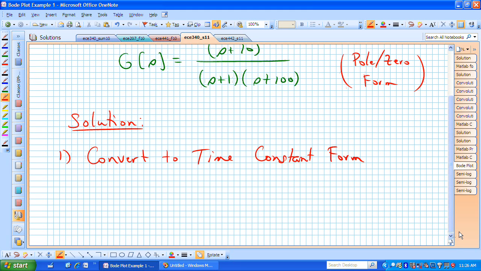And in so doing, we're normalizing the constant coefficient's value to 1 and collecting all of the parameters that might be varying in our discussion into one particular location in each factor.